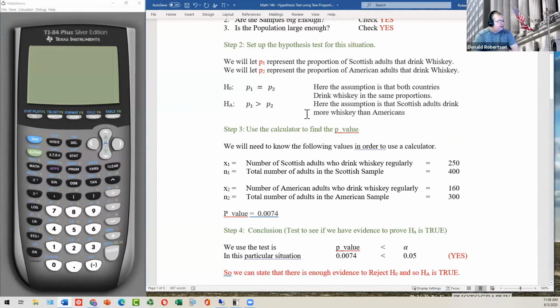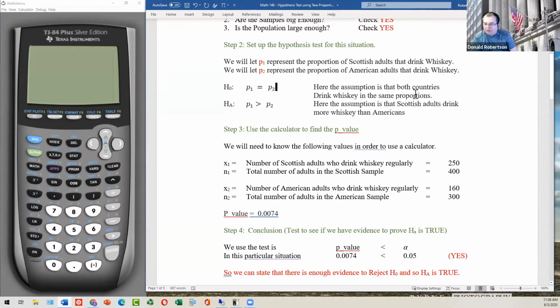So second part, set up your hypothesis test. Now here it's a little bit different. We're going to let P1 represent the true population of Scottish adults who drink whiskey, and P2 be the Americans who drink whiskey. And the null hypothesis is now going to be that P1 is the same thing as P2. So in this world, the assumption is that both countries are equal.